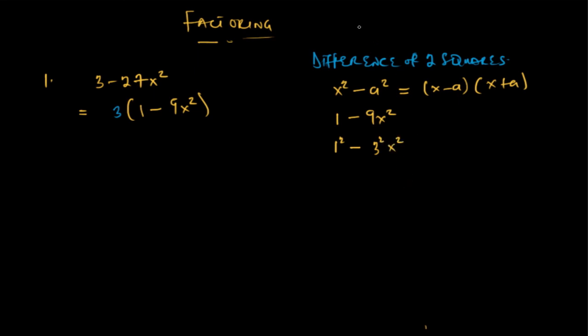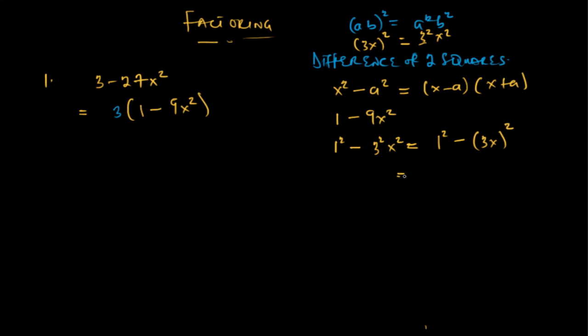Do you recall one of the laws of exponents that says (ab) squared equals a squared b squared? So 3 squared x squared gives us (3x) all squared. So I could rewrite this as 1 squared minus (3x) squared. So now we have the difference of two squares.